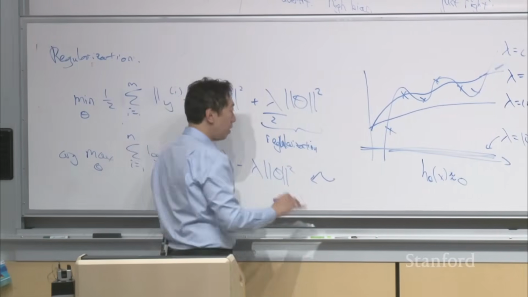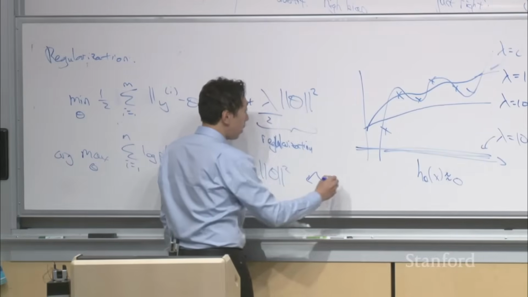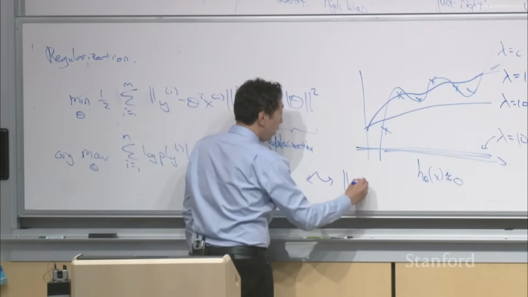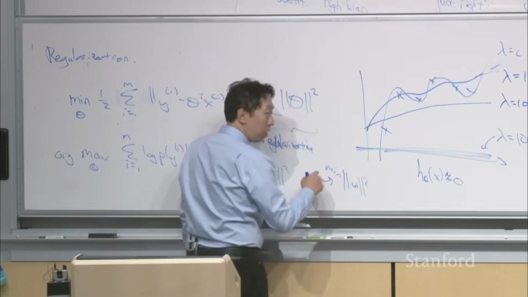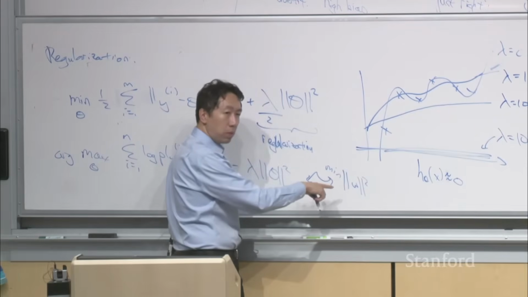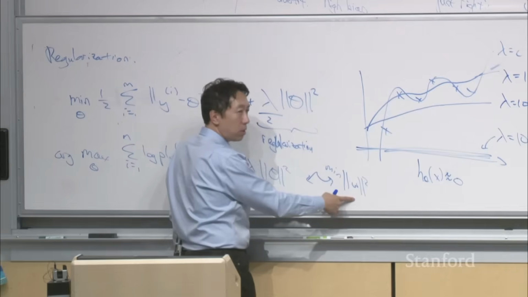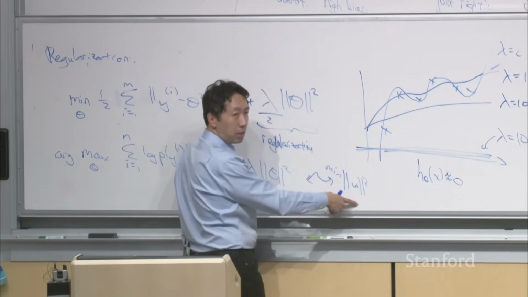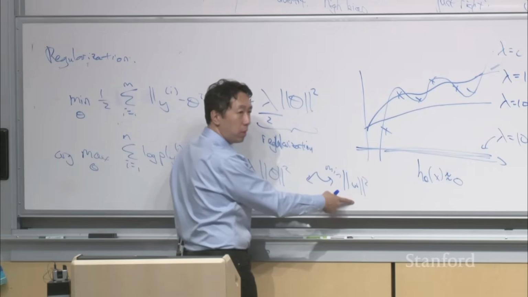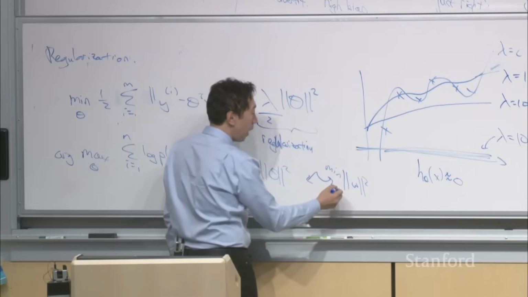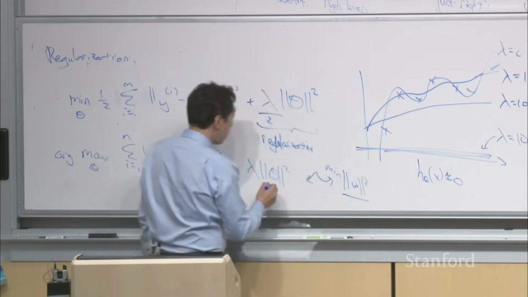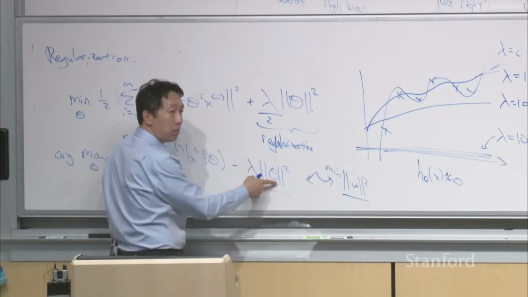It turns out, and the theory is complicated, that the optimization objective of the support vector machine was to minimize the norm of W squared. This turns out to correspond to maximizing the margin, the geometric margin of the SVM. And it's actually possible to prove that this has a similar effect as that, right?